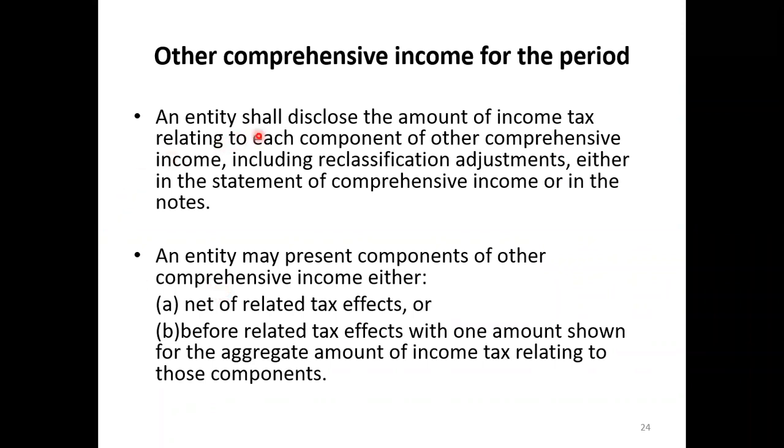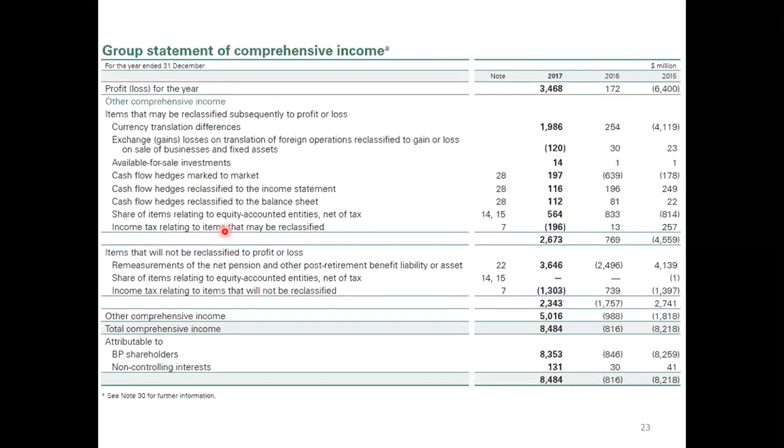An entity shall disclose the amount of income tax relating to each component of other comprehensive income, including reclassification adjustments, either in the statement of comprehensive income or in the notes. Here, income tax relating to items that may be reclassified.